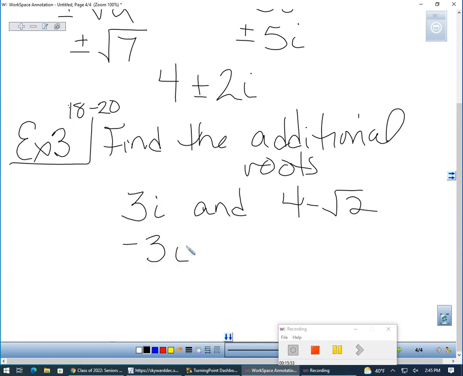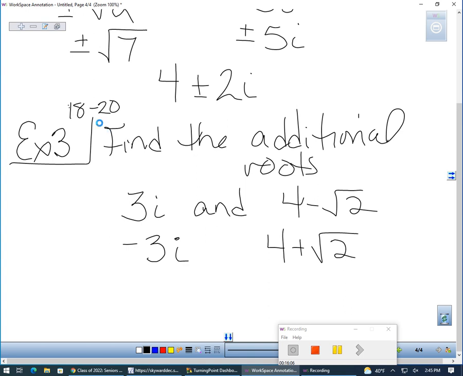Negative 3i, right? And what's our additional root for 4 minus square root 2? Nope, the 4 is going to stay the same. The only thing that changes, 4 plus square root 2. Okay? So those 2 problems, all you have to do is write down the additional roots. That's it. Are we clear on those 2? Correct. Okay?